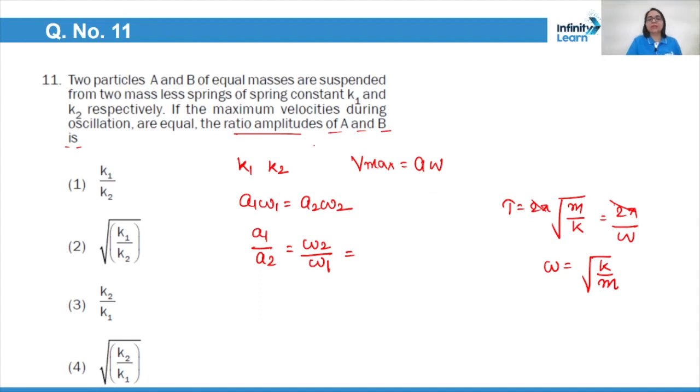I'm not changing the mass because it is given of equal masses. Right, so omega 2 will be under root k2 upon m divided by omega 1, which is under root k1 upon m. Right? Cancel. So we have A1 upon A2, which is omega 2 divided by omega 1, as under root K2 upon K1, which is option 4.